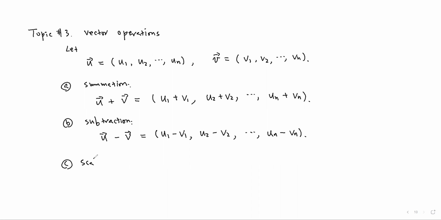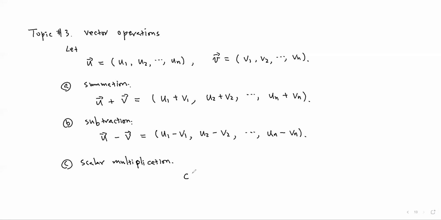Now, operation 3. Scalar multiplication. Scalar, a number. In the context of matrices and vectors, numbers are called scalars.